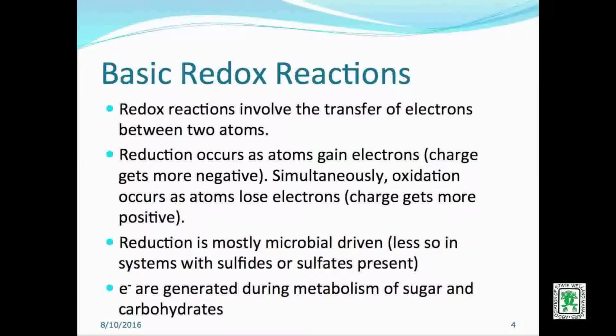Reduction is mostly microbial driven. Now, this may not be completely true in systems with sulfides or sulfates, but in most other systems we are talking about microbial driven processes. Essentially the electrons are generated during the metabolism of sugar and carbohydrates by microbes.